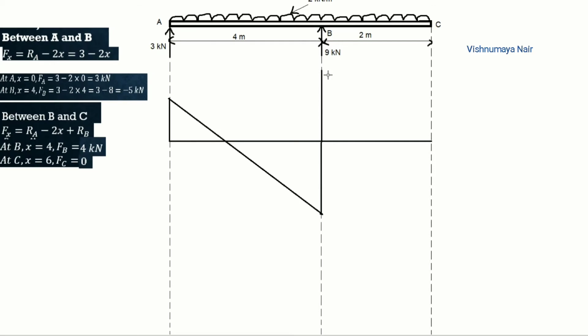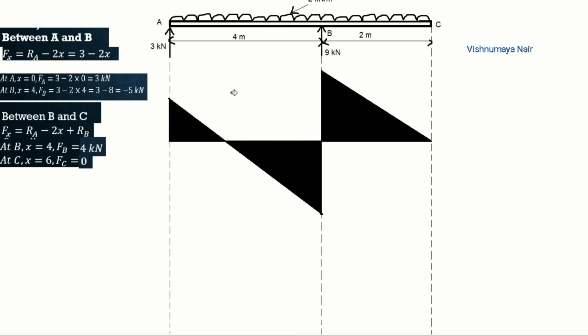So we can mark this variation using a straight line like this. So shear force varies from a value of plus 4 kilonewton to 0 between the points B and C according to straight line law. Now you can shade these regions and mark it as positive, negative and positive.